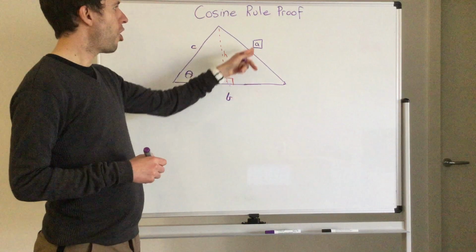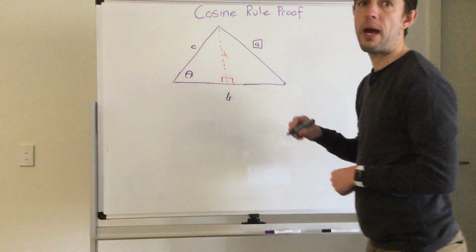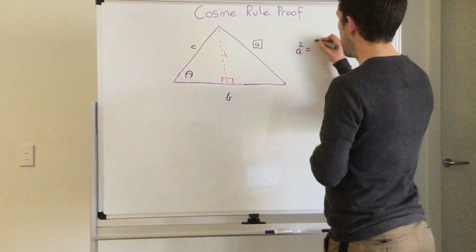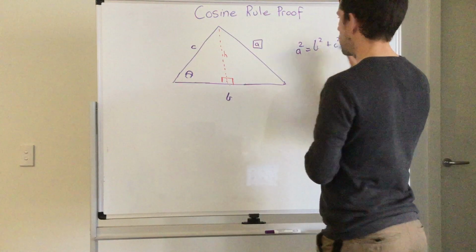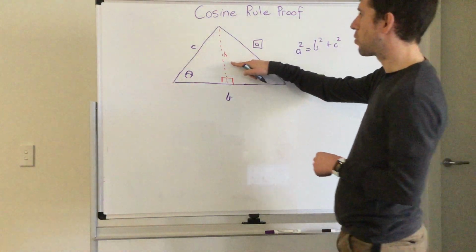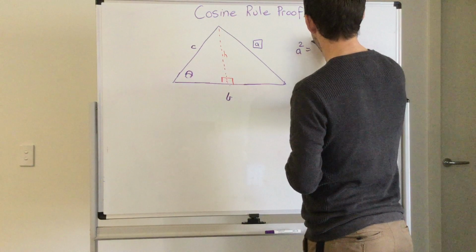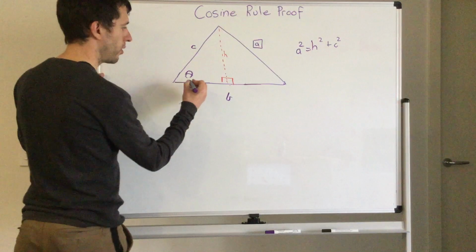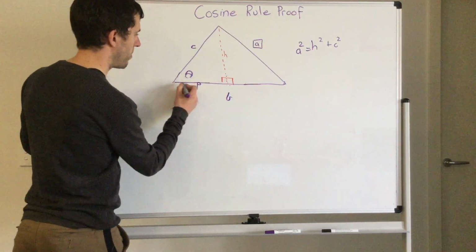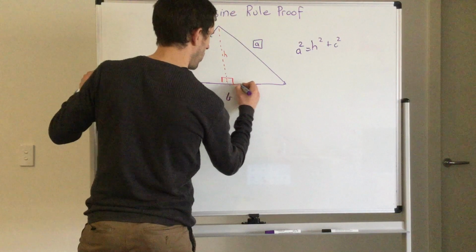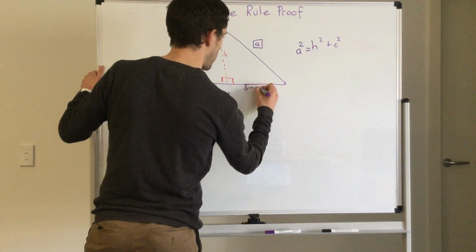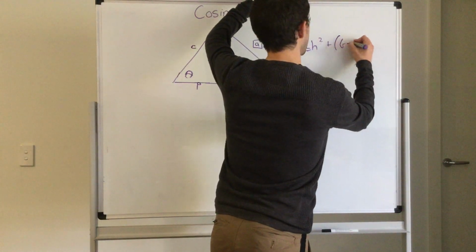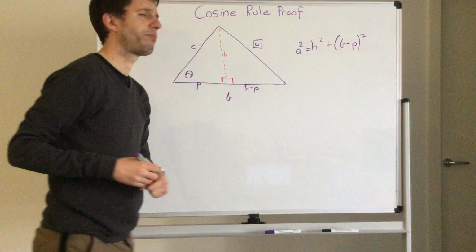So to start off, the only way for us to get A right now is to think about Pythagoras theorem. A squared equals B squared plus C squared. Now, B squared is H. I don't know what this side is yet, so what I'm going to do, I'm going to name this P from here to here, which means this will be B take P. So I can change C to B take P squared.